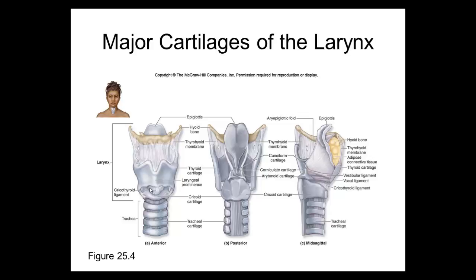We also have the cricothyroid ligament, which is between the cricoid and the thyroid cartilage. Why are they important? Because you can put an endotracheal tube into those membranes, and therefore assist respiration in case of emergency, or if a person can't breathe on his own and you want to put a tube in there.